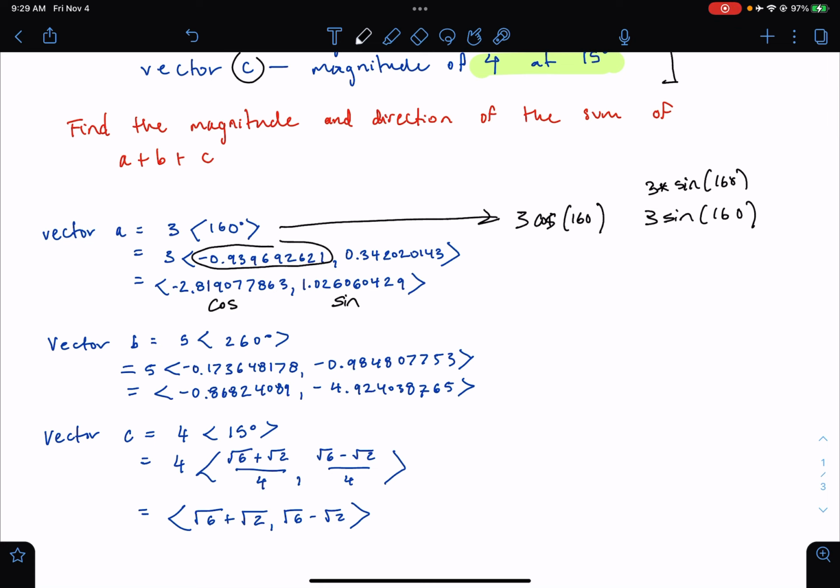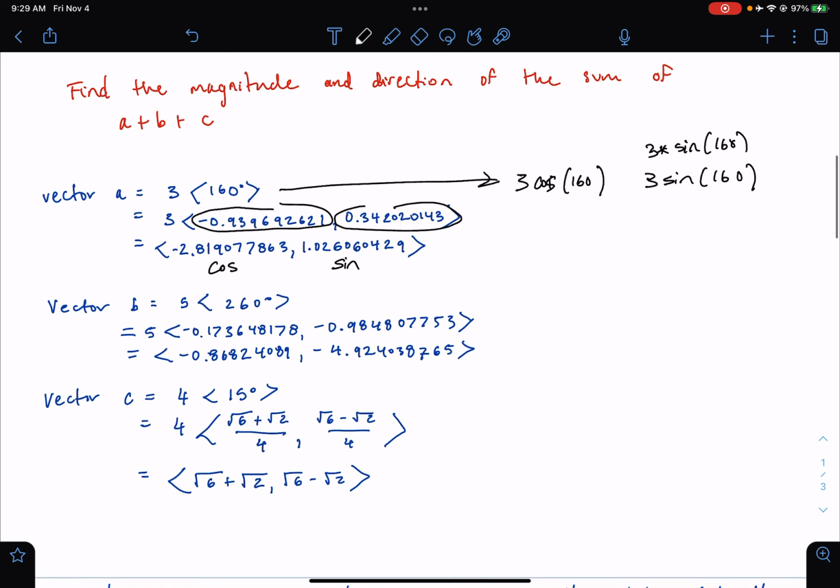And when I typed that in, it gave me this answer. Or no, excuse me. Those are the answers without the 3's in front of them, and then times the 3's, these are the final answers. So I did that for every single vector.